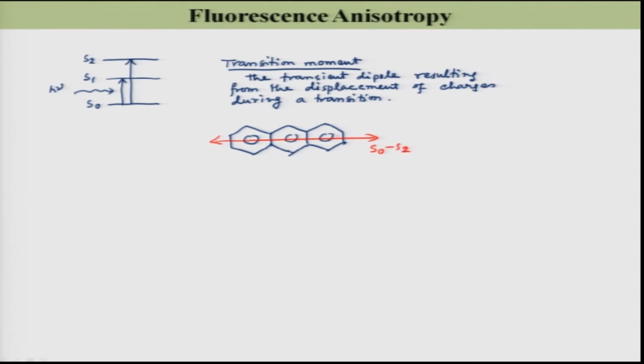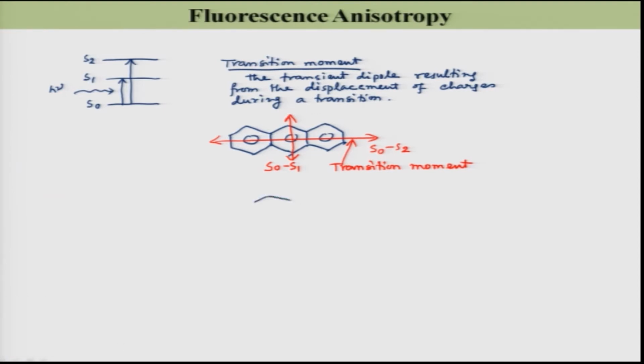So, this is my transition moment, and it is along this direction of the anthracene molecule. If you excite from S0 to S1, that S0 to S1 transition is along this direction in the molecular frame. If I take a different molecule, this will be different.